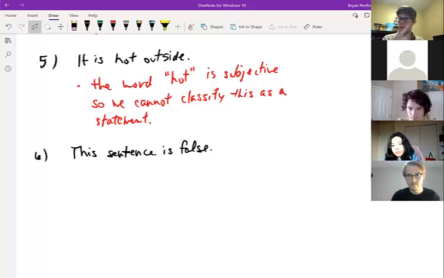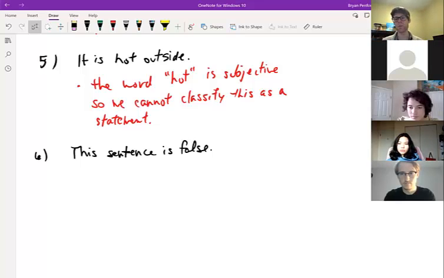If we think this sentence is false, the sentence is false, but that means it's true. So this is an example of a sentence where it's both true and false at the same time. And that's why it's a bit of a mind bender.